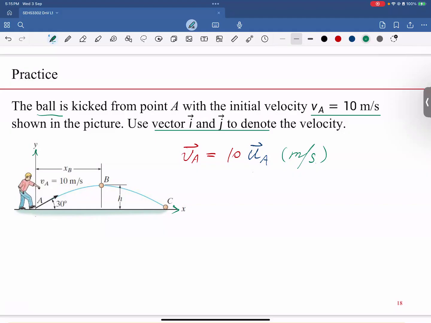Why is it important? Because when given an angle, can you find the unit vector linked to this angle?